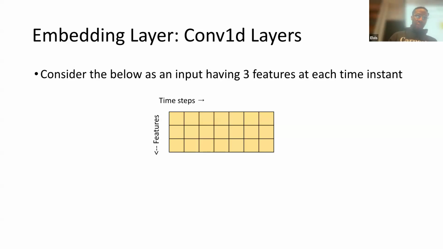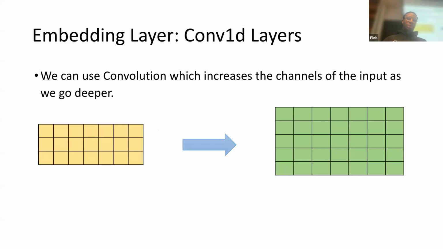Consider, for instance, you have an input having three features. You have the features in one dimension and the time steps in the other dimension. Your embedding layer, which is basically made up of convolutional layers, will do this if you want to increase the dimensions of your input. You've done this in homework 2, where you built deeper networks, either expanding using an hourglass or a cylinder or whatever structure you use for your model.